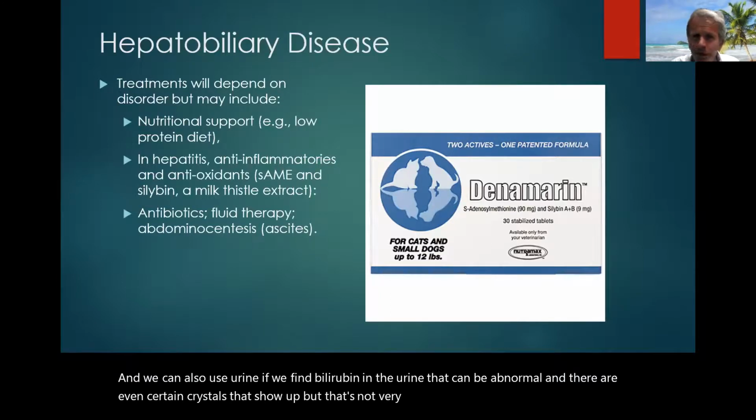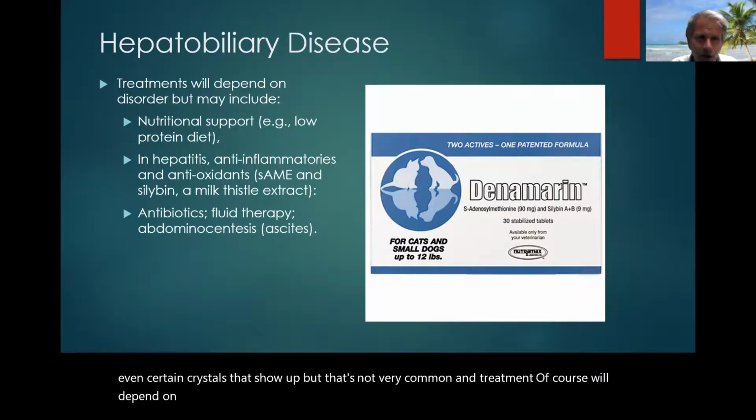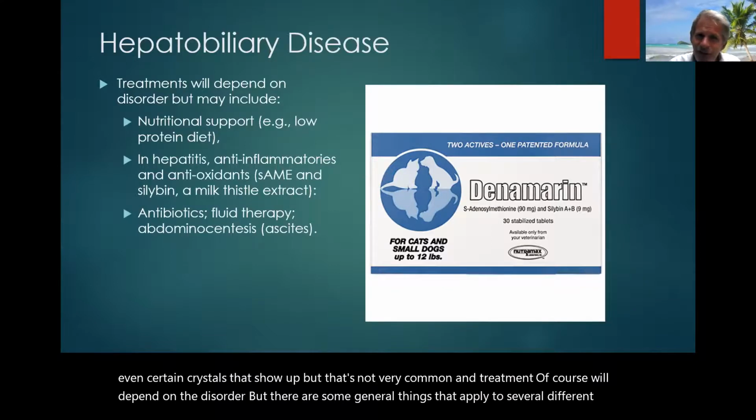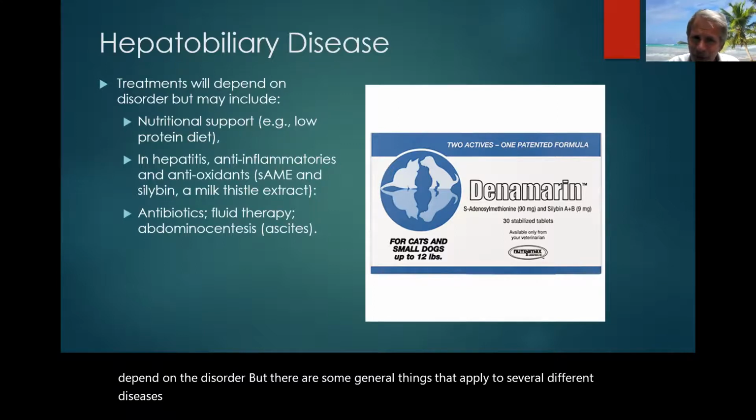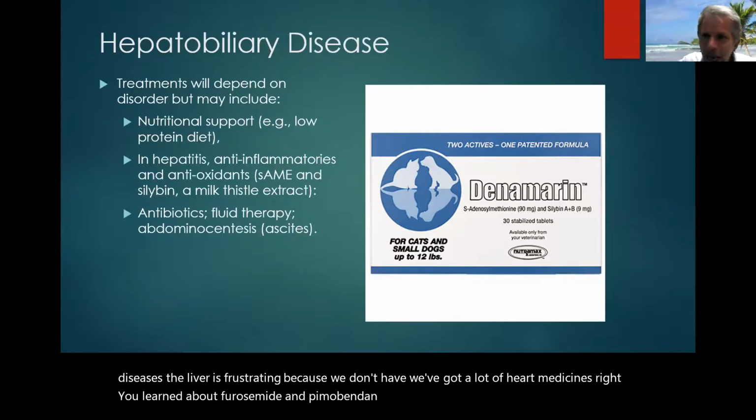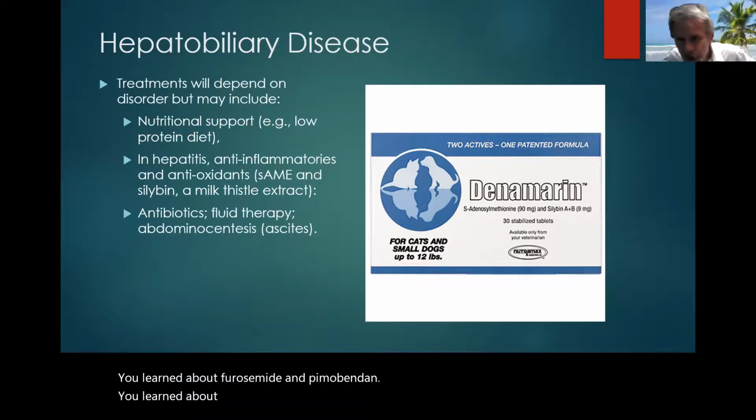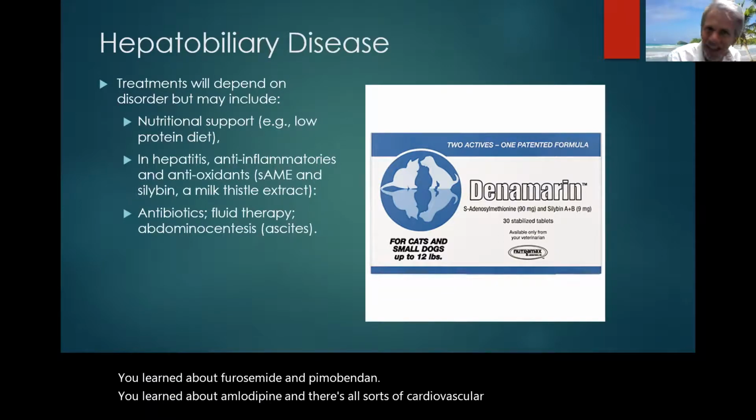And treatment, of course, will depend on the disorder, but there are some general things that apply to several different diseases. The liver is frustrating because we've got a lot of heart medicines, right? You learned about furosemide and pimobendan. You learned about amlodipine, and there's all sorts of cardiovascular drugs, ACE inhibitors.